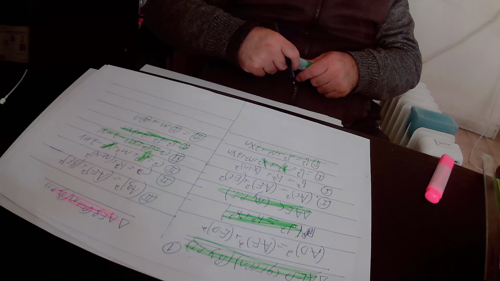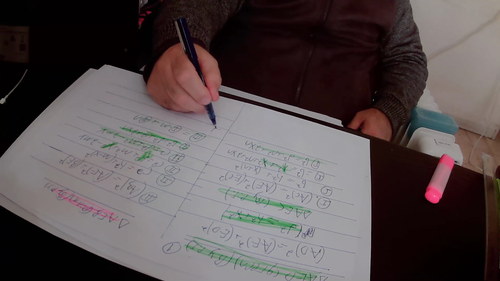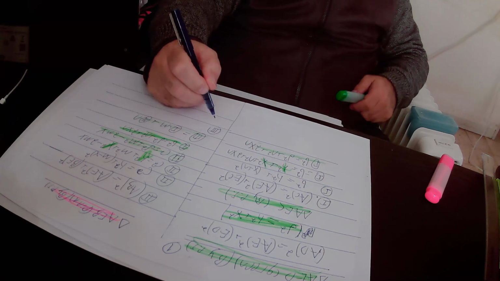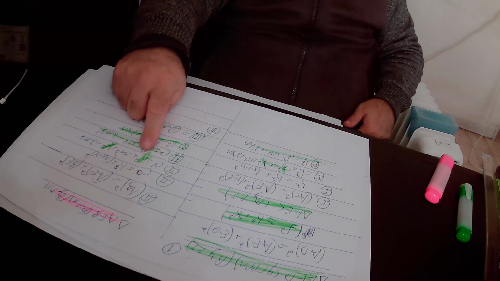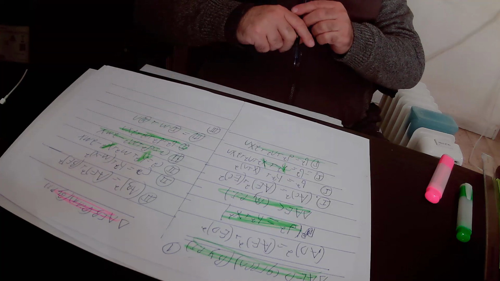So in the first step, we will multiply the right side of equation number 1 by m.